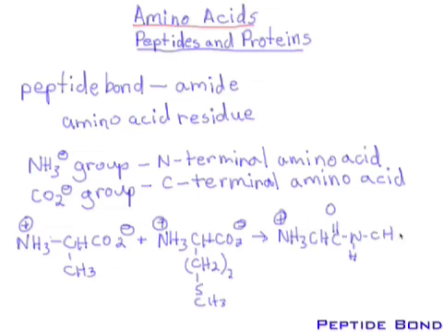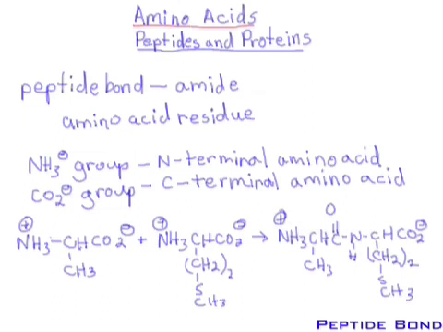The C-terminal amino acid residue is the methionine. So we have the CH3 for the alanine, and we have the two CH2s, S and the CH3 of the methionine.